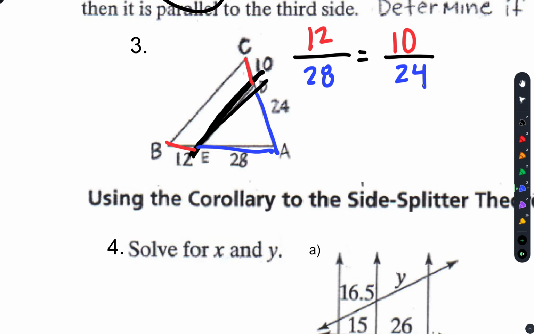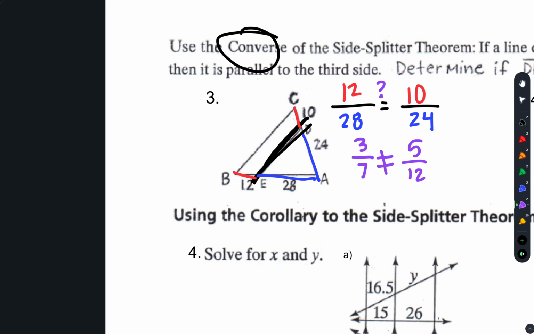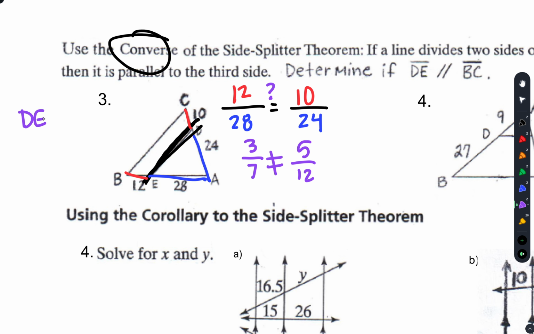I'm going to reduce these fractions and find out, are they proportional or not? 12 over 28, I can divide both of those things by 4 to get 3 over 7. Is it equal to whatever 10 over 24 reduces to? I think I can divide both of those things by 2 to get 5 over 12. Clearly, those things are not equal. So we would say DE is not parallel to BC. That's all we're trying to say in these problems.